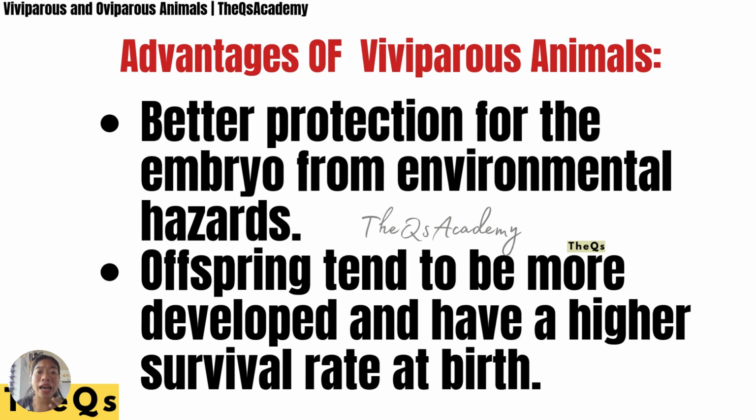So we have the advantages of viviparous reproduction. It has better protection for the embryo from environmental hazards. Offspring tend to be more developed and have a higher survival rate at birth.